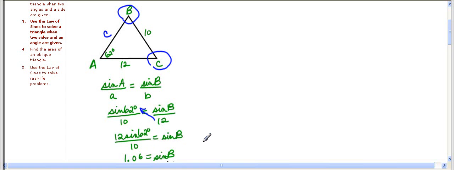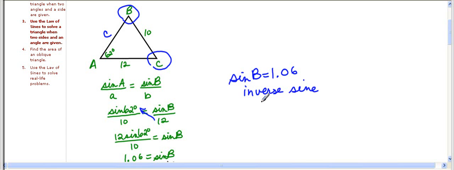Now, typically, you would have sine B equal to 1.06, and then you could use your inverse sine function to solve for B. But what's wrong with this problem? What types of possibilities can you get from sine B?